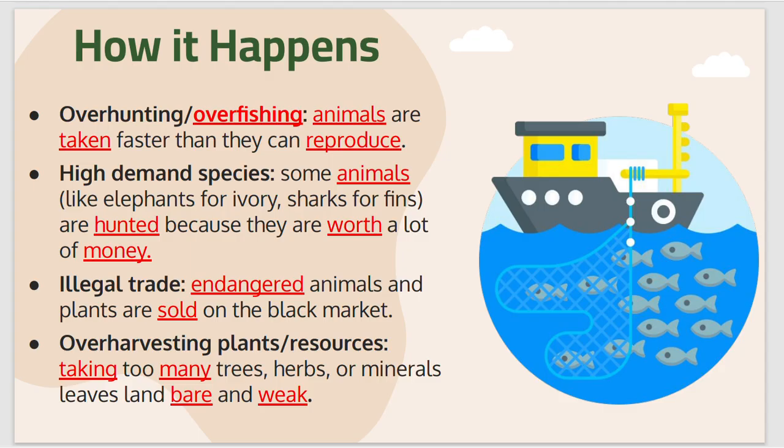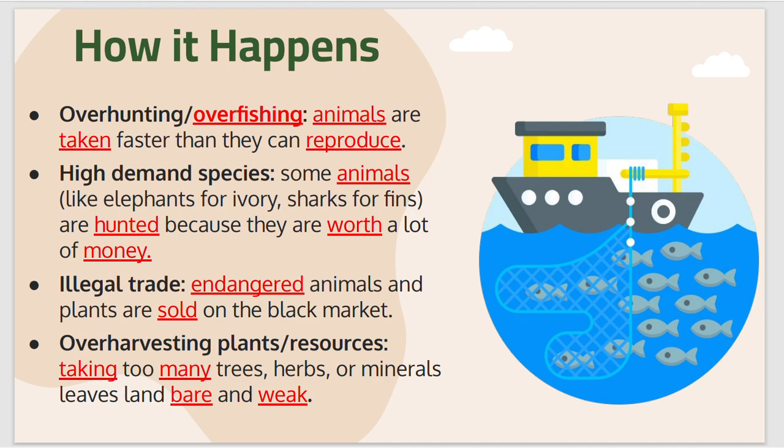We are taking more fish than can be reproduced. Overhunting is the same, but not in the water, with land animals, or animals in the air, technically too, or birds. But overhunting these organisms faster than they can reproduce, basically causing the populations to become unstable.